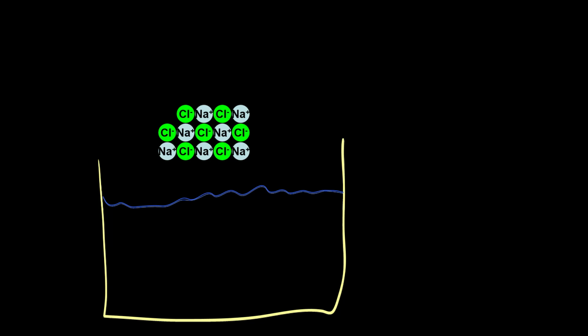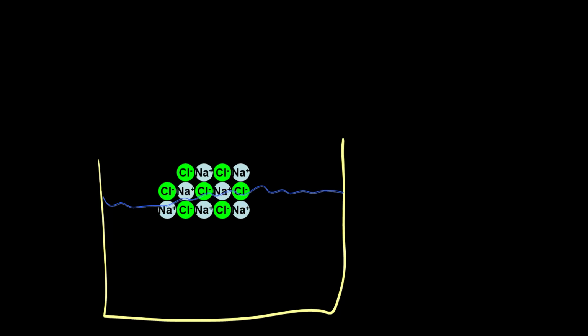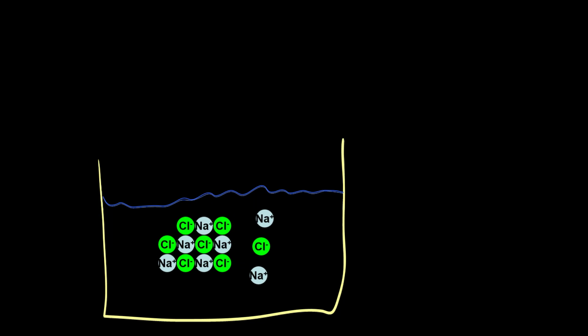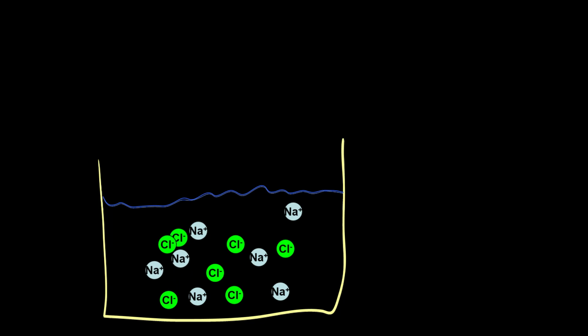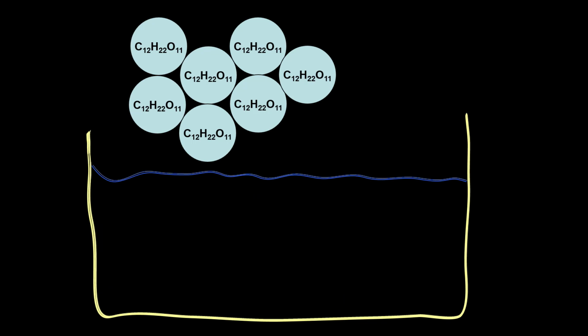Okay, now, watch what happens when it goes into the solution. As it goes into the solution and it dissolves, the particles all come apart. How many particles do we have in that solution now? 14, right? Okay. Now let's look at a molecular compound. How many units do we have here, or molecules? 7.